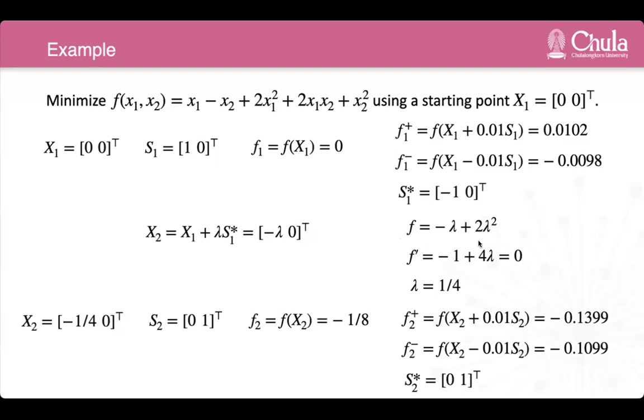We have only lambda. And then you know how to solve this problem, right? We have f is minus lambda plus 2 lambda square. You can use the elimination method or the interpolation method to find lambda star.